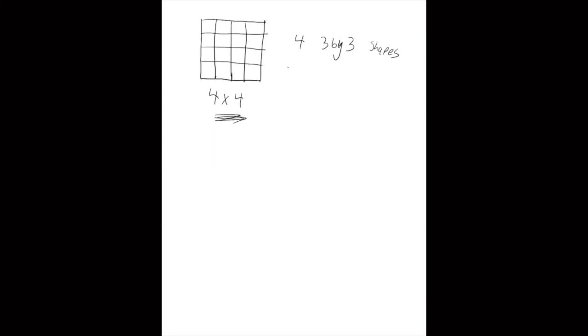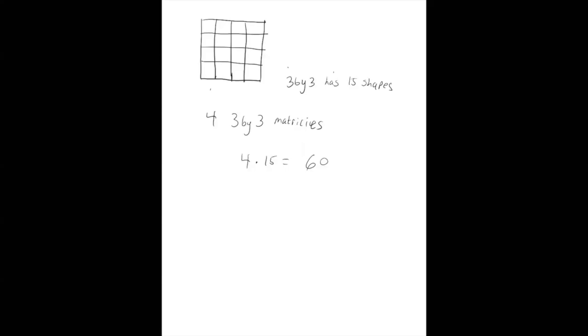That follows our pattern of 4 2x2 and a 3x3 and a 3x3. So now we go about counting the shapes that are unique to our new matrix, our 4 by 4 matrix.